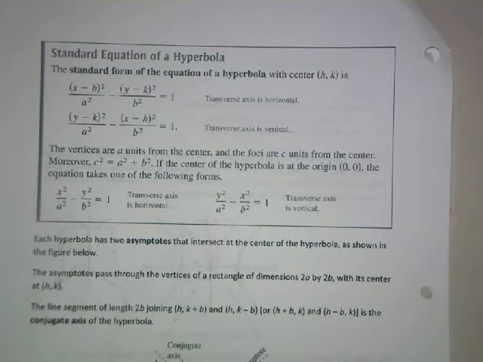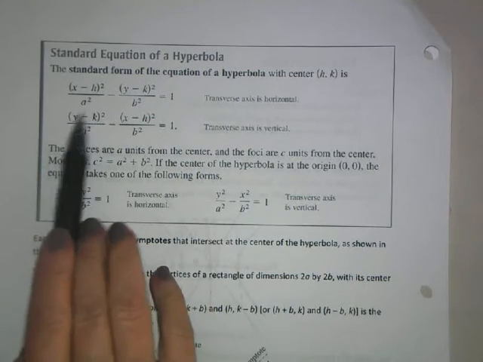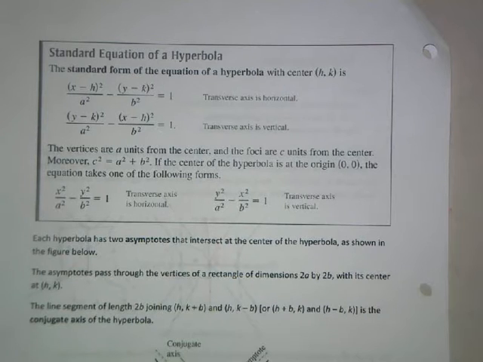So let's look at the standard equation for a hyperbola. Notice there's two different ones right there. What do you notice that's different from an ellipse? Yeah, the A value stays stationary. What changes is that Y is still teamed up with K, the Y value of your center, and H is still teamed up with X, but that whole term flip-flops, but A always stays right in the front.